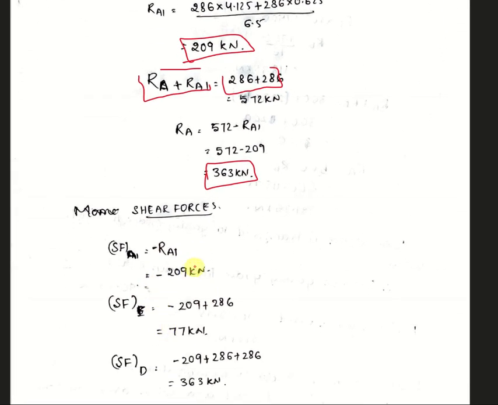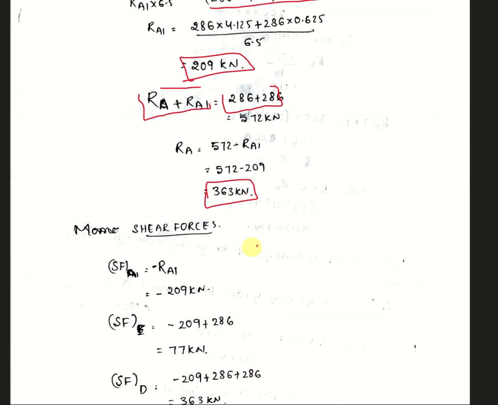Now we have to find out the shear forces. So shear forces, you know this, right? This is RA1, this is RA. Previously we got it, right? At 0.625 we have 286, and here another 286 at the distance specified there.